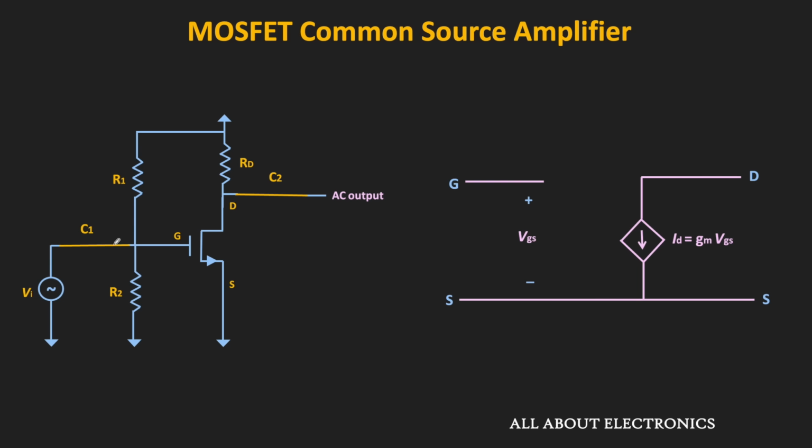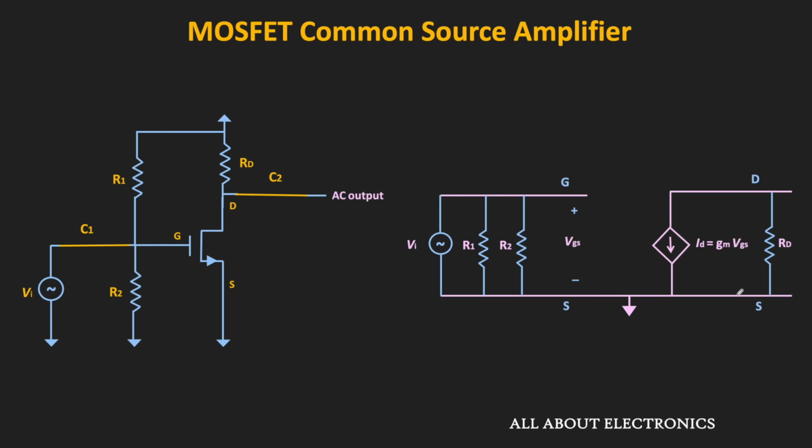Similarly, the one end of this resistor R1 and R2 is connected to the gate terminal, while the other end is connected to the ground terminal. That means effectively, these two resistors are connected between the gate and the source terminal. Similarly, this resistor RD will appear between the drain and the source terminal. So if we see the small signal equivalent circuit, then it will look like this.